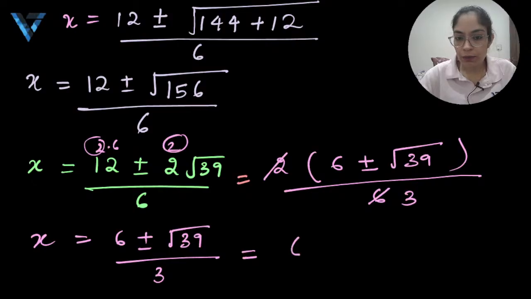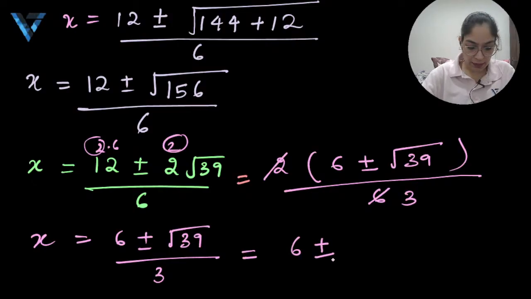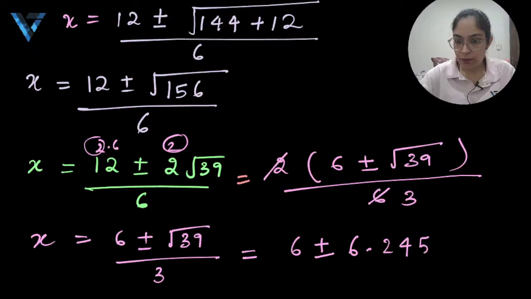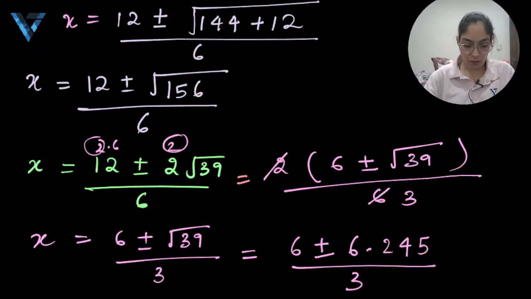So which is equal to 6 plus minus, so what is the value of root 39? 6.245. 6.245 by 3. So is it correct? Only one student has given me the value.